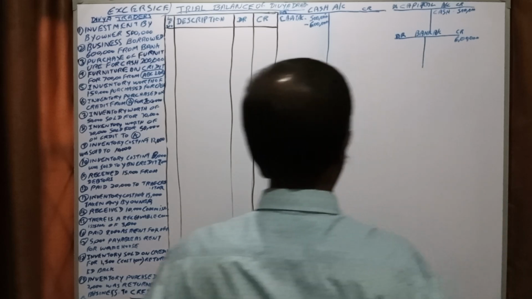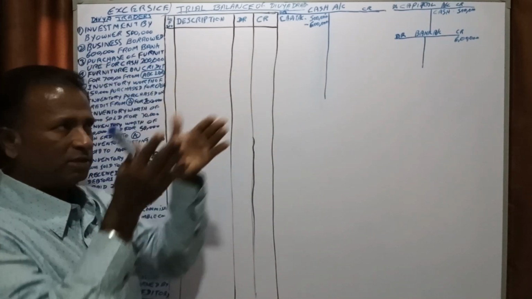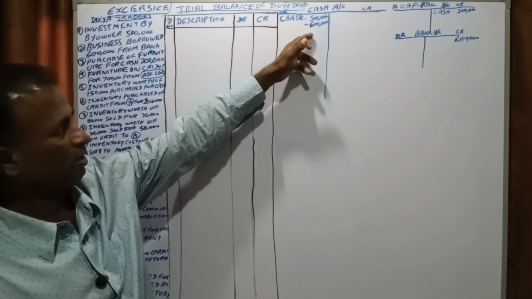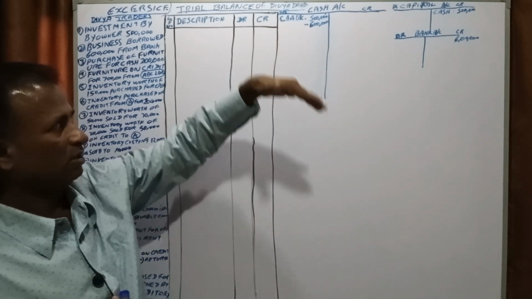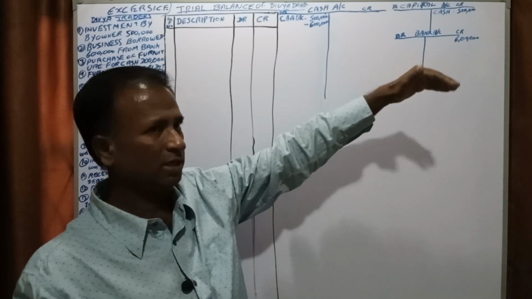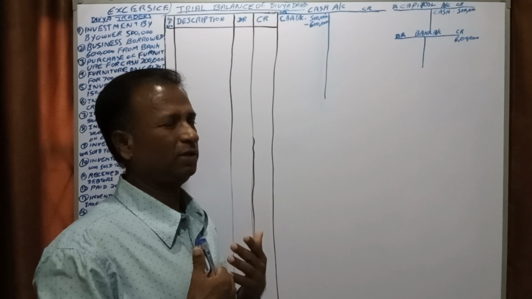Since we have received a loan, cash is coming in, so we debit it because an asset is increasing, and bank is credited because we are liable. It is a liability.